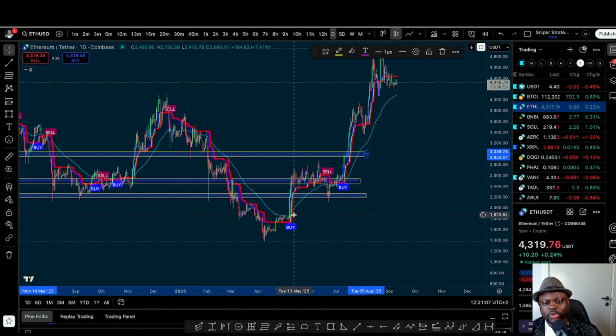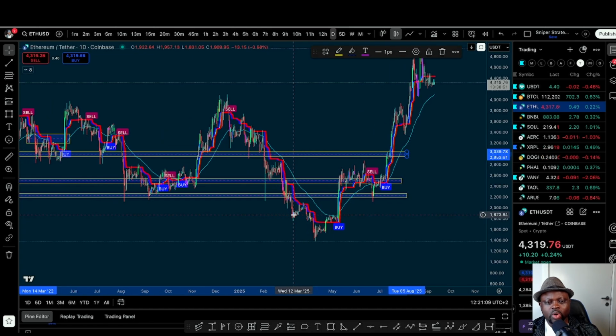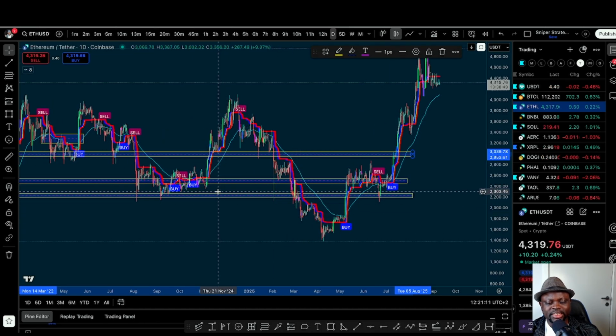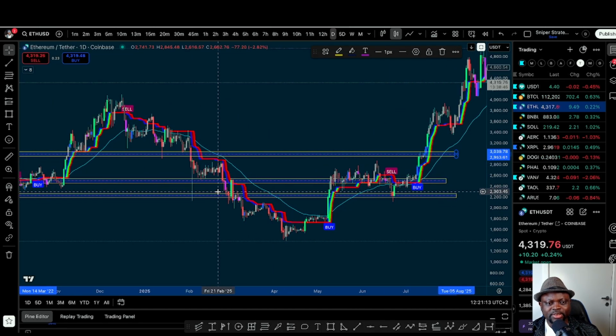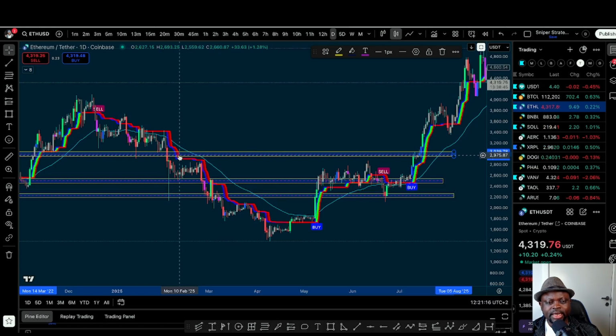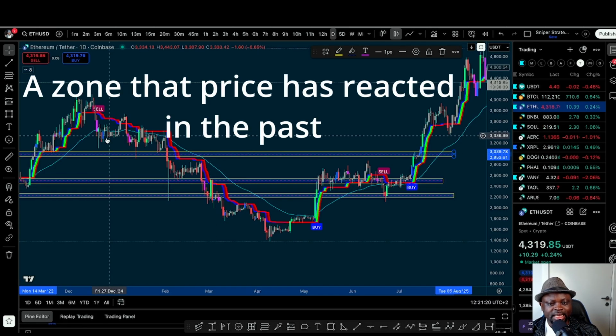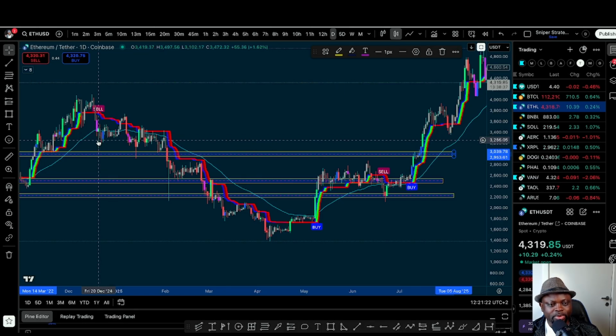But now, what I want you to understand also is this: every zone where the alpha trend printed a sell signal and a buy signal is a zone that price has reacted to in the future. For example, in this case, you see this signal was created here, at the top of that move.